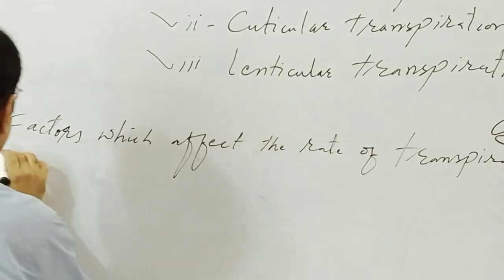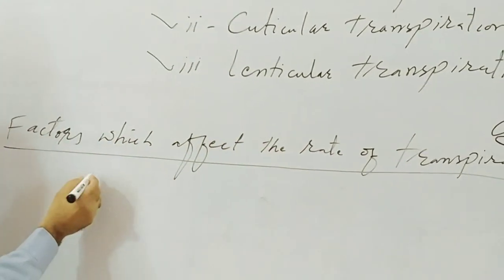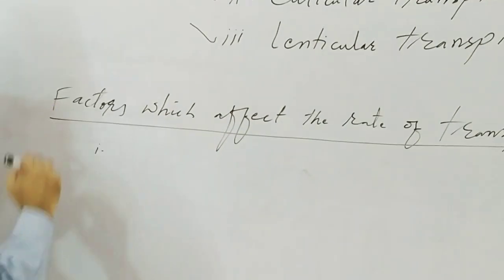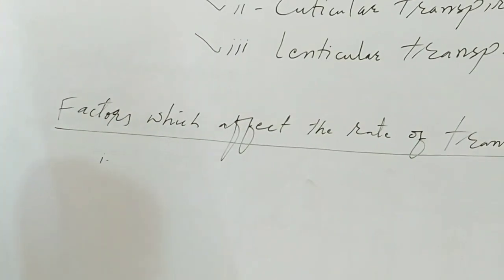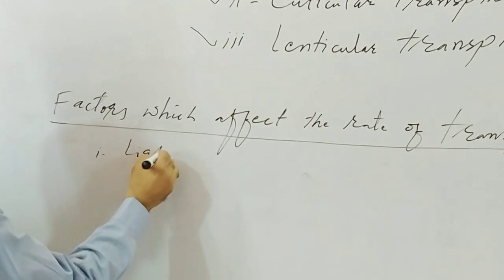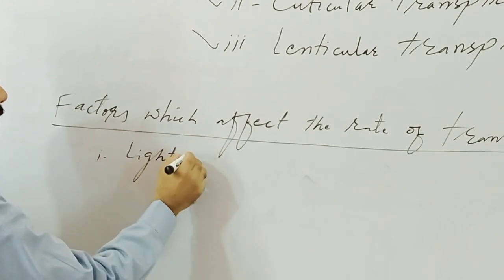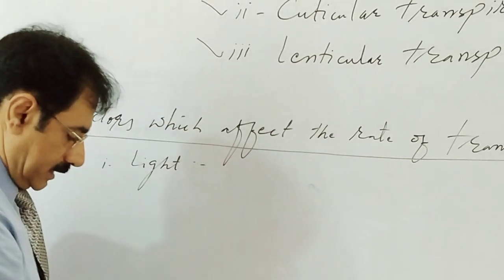There are many factors which affect the rate of transpiration. Number one is the light factor. Light, the sunlight, is a great and essential factor that promotes the rate of transpiration.